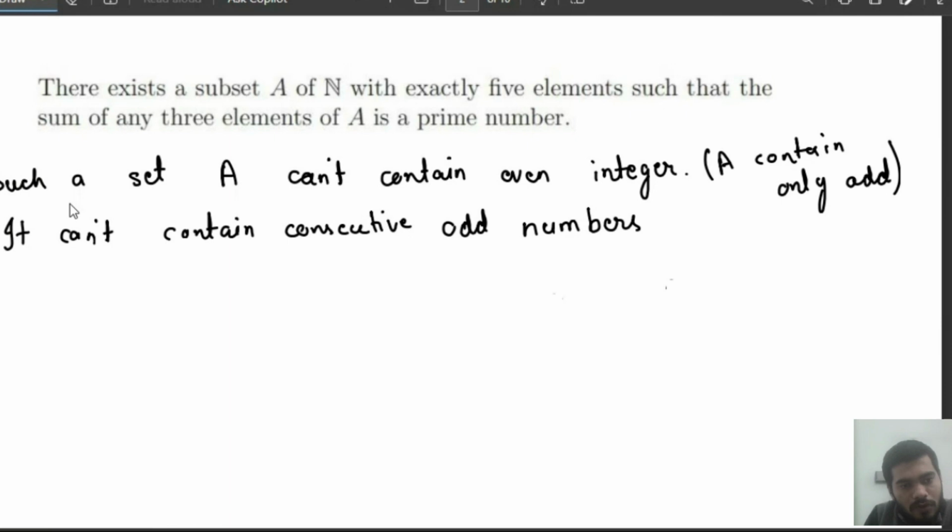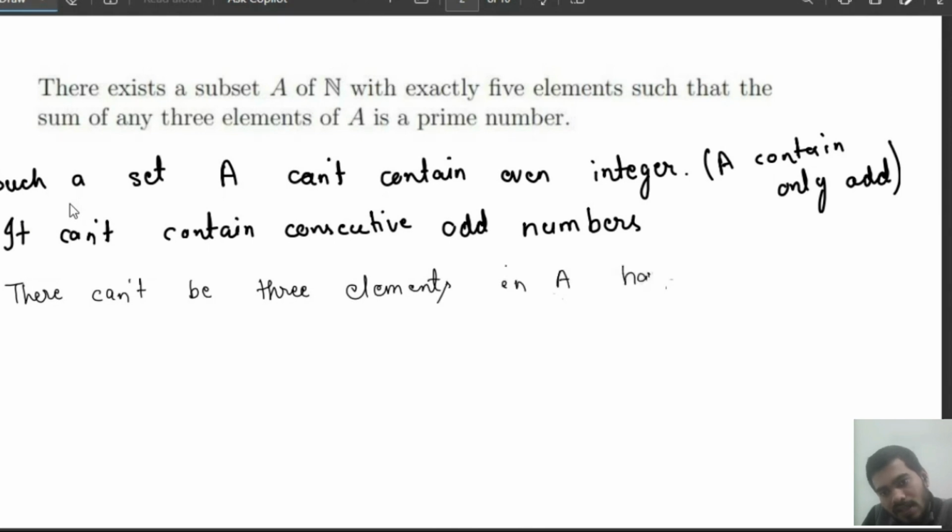So one more observation. Third, there can't be three elements in A having the same remainder when divided by 3.